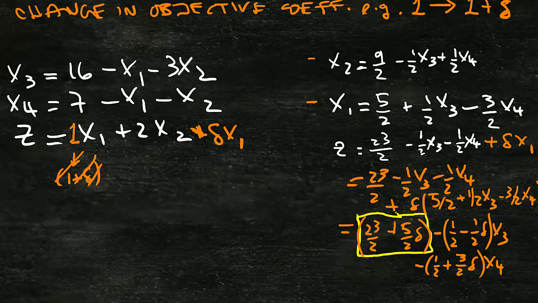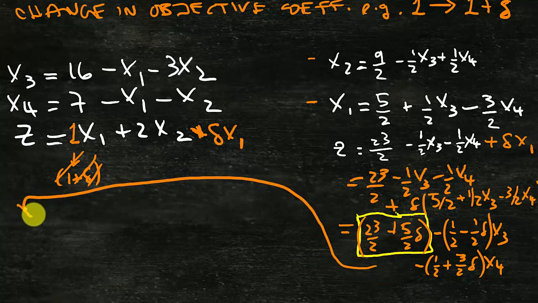This is going to be such that half minus a half delta has to be greater or equal to 0.